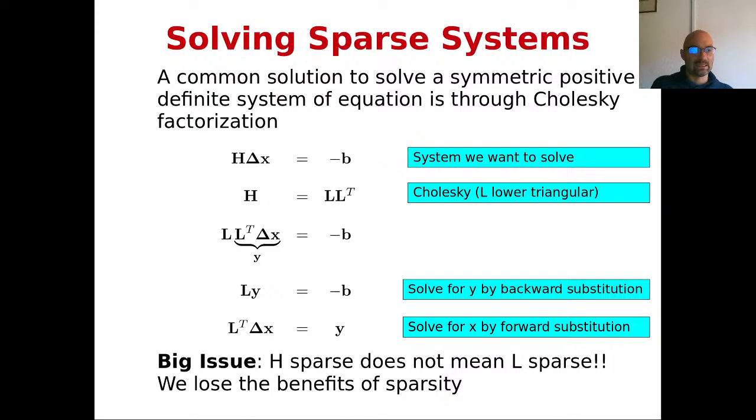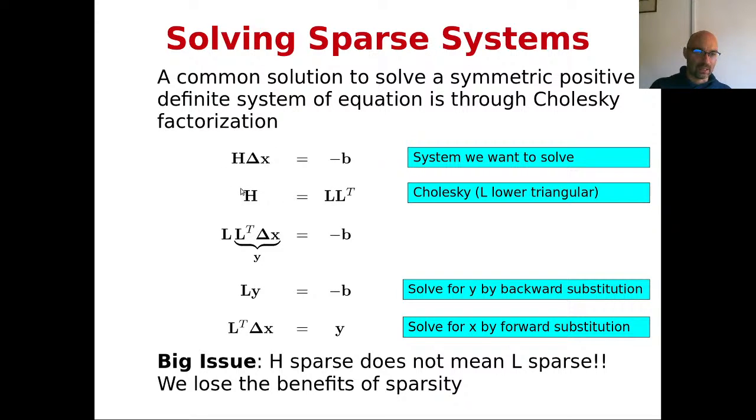What MATLAB does, when it realizes that the matrix of a system is symmetric, the first thing it tries is to use the Cholesky decomposition, because the Cholesky decomposition gives you a numerically stable solution if H is positive definite. So it takes H and computes the Cholesky decomposition of H, L L transpose. Recall that L is a lower triangular matrix, and this is an upper triangular matrix, being the transpose of the other.